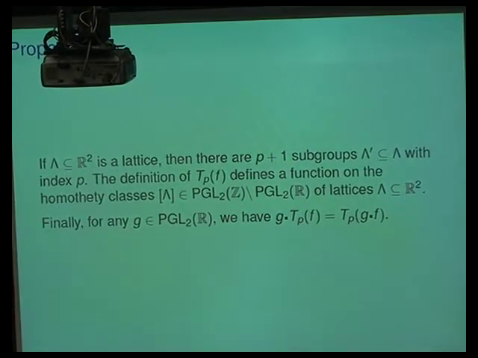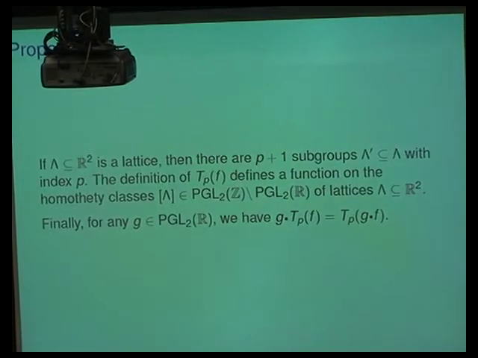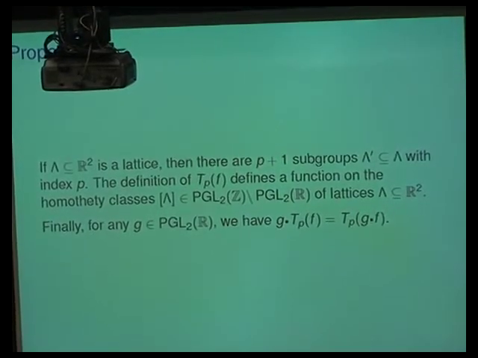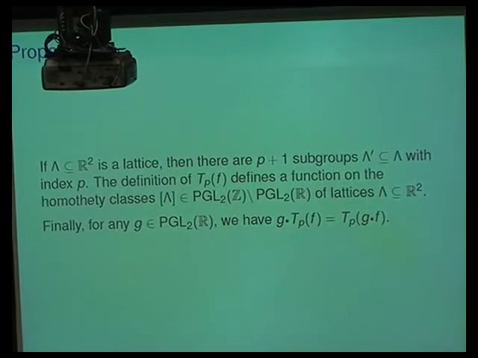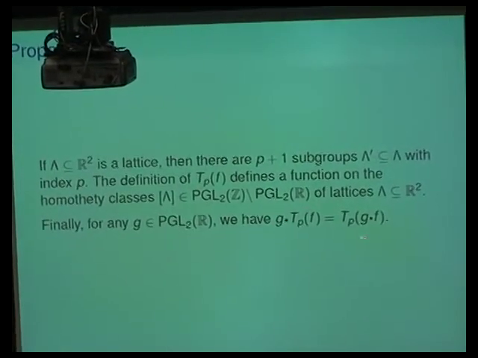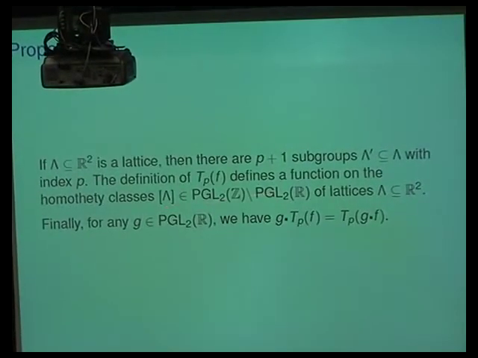And from this reasoning, you quickly deduce that the action of PGL2 and the operator TP commute with one another. You also need to check somehow that your TPF is really again a function on the homothetic classes, so that it's again a function on the unit tangent bundle of the modular surface, but it's again related to this reasoning, and I want to leave it at that.